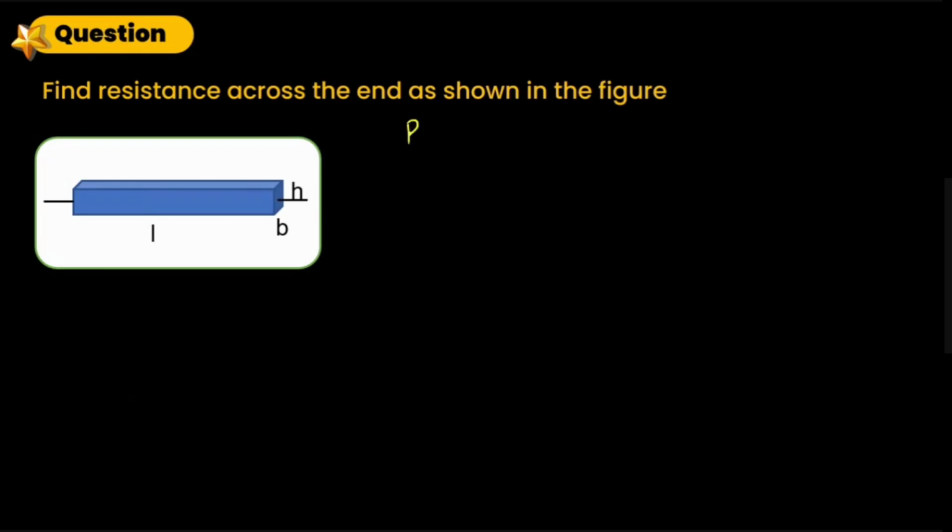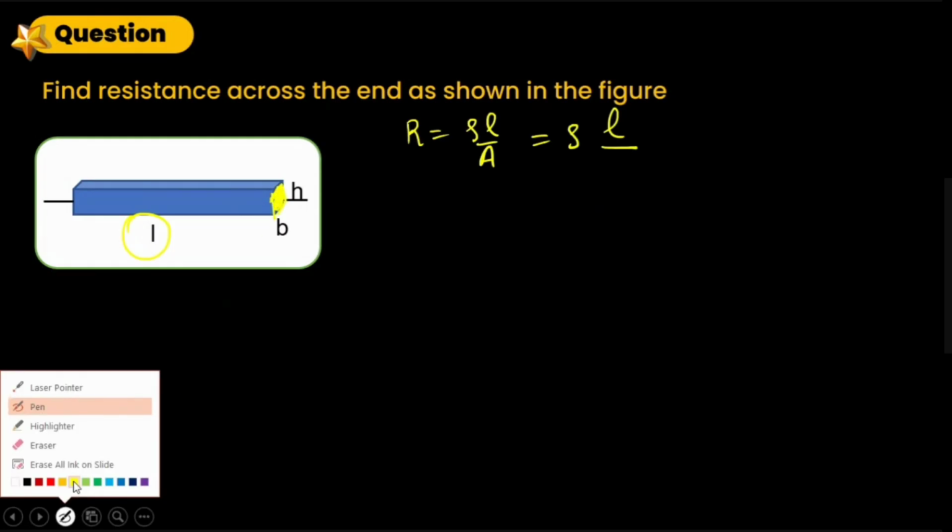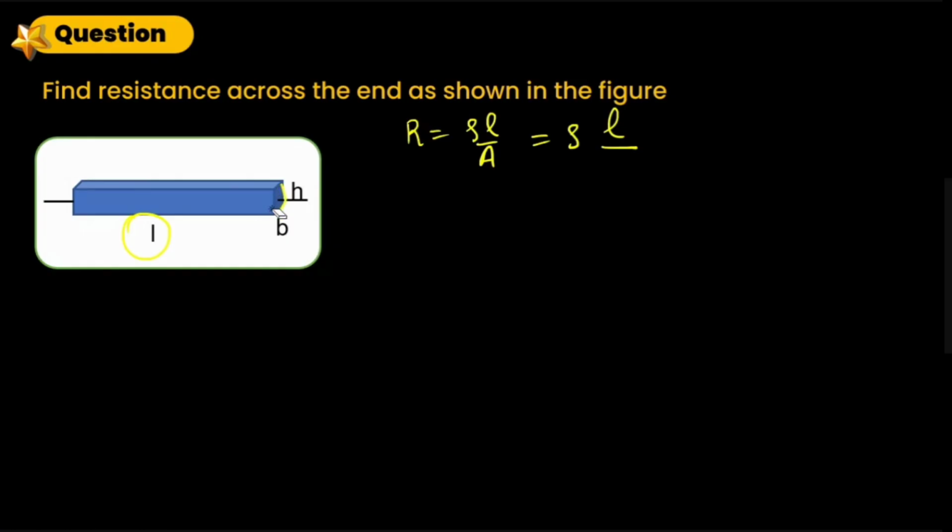Resistance is nothing but rho L by A. Rho is something which is constant. So L is the length which is given here. So we can write L. But in place of area, we have to write the area. So what is the area of this face of the cuboid or whatever wire structure you find it? What is the area of that face?